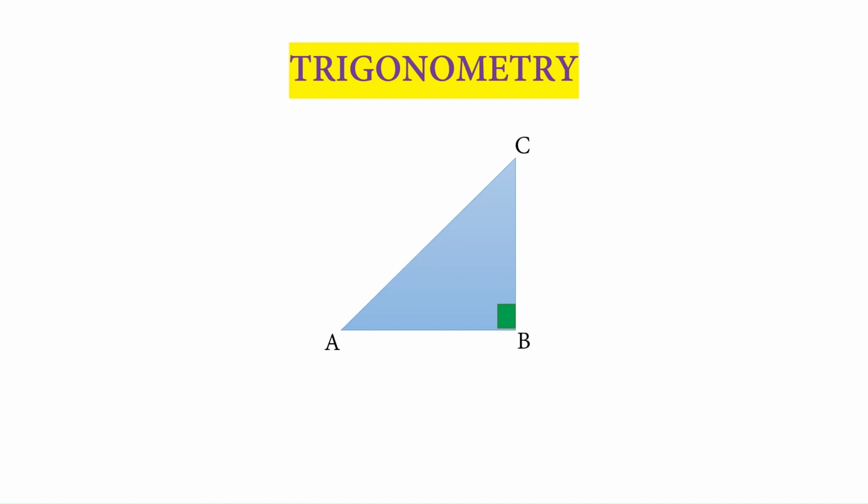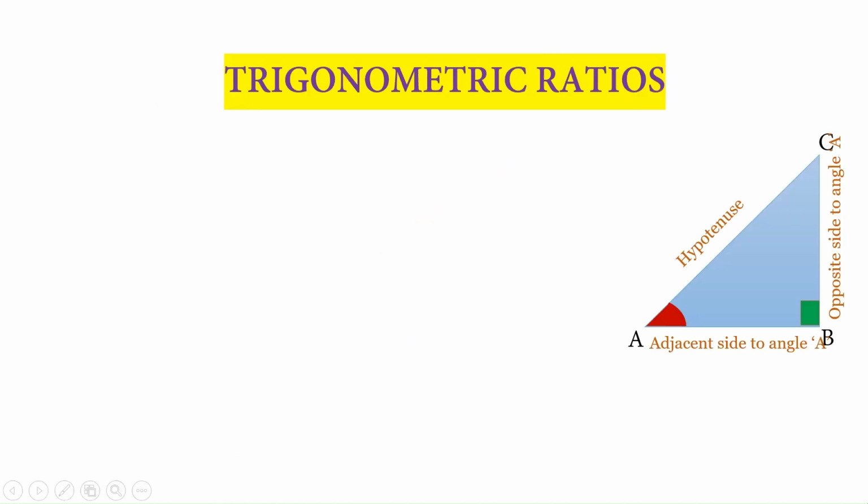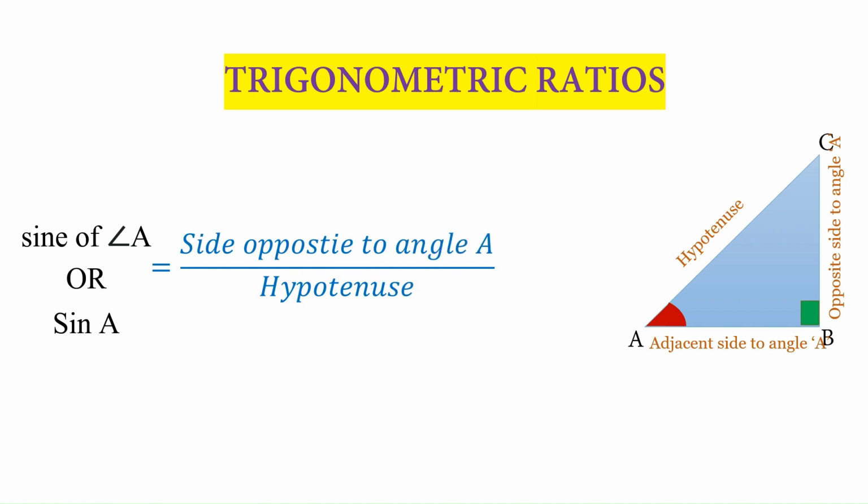Now we'll take angle A as a basis, and for that angle A, BC would be the opposite side and AB would be the adjacent side. Along with that, AC is the hypotenuse. The first ratio is sine of angle A, which can also be written as sin A. This value is related to sides as sin A equal to opposite side upon hypotenuse.